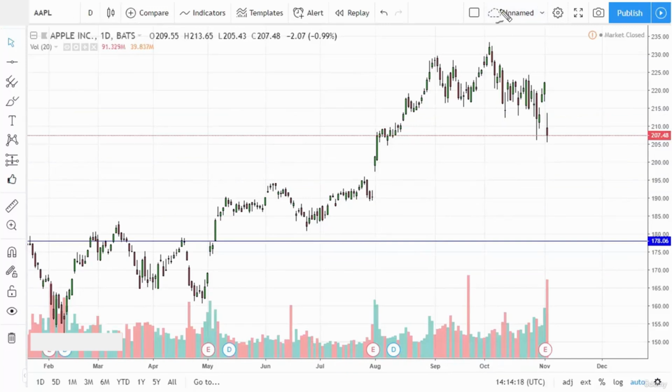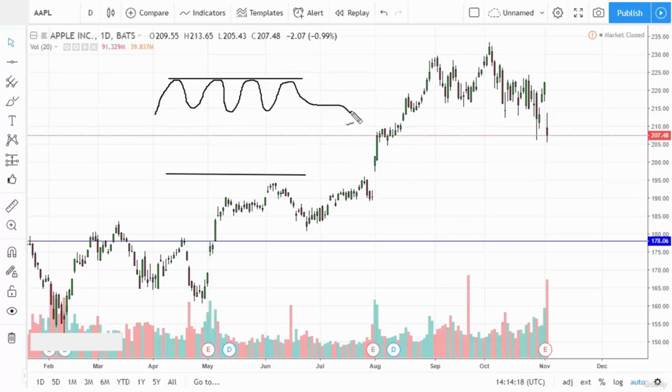So, support and resistance. Support and resistance are simply areas on a chart that buyers or sellers cannot break through. So, if you can imagine a stock or any financial instrument for that matter, trying to break above this area here and failing, that is the market resisting price from going higher.